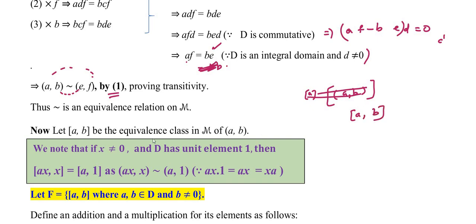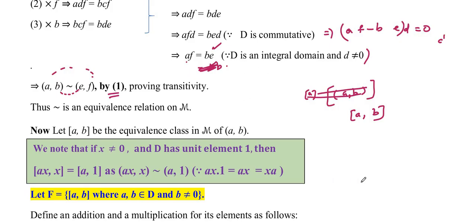So let class AB be the equivalence class of the element AB in script M. Now, in due course, whenever we need the equivalence classes to be equal, it is enough if we establish the elements are related under the relation defined earlier.